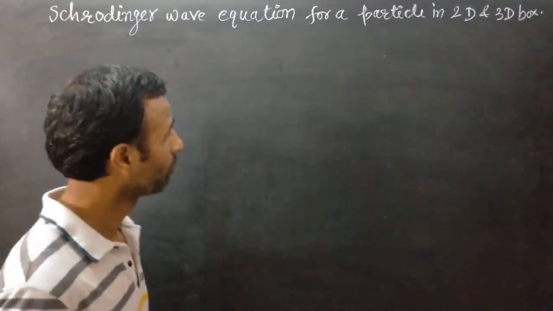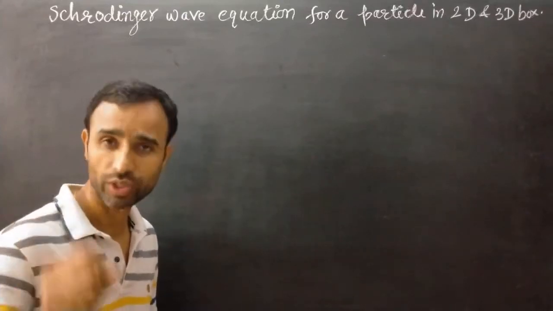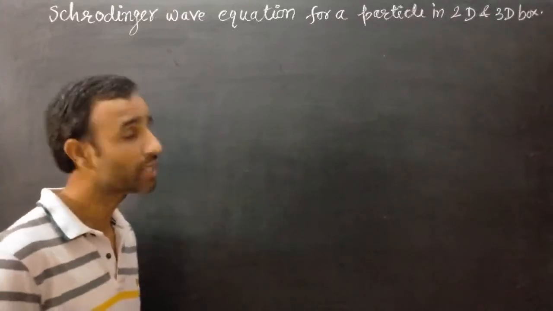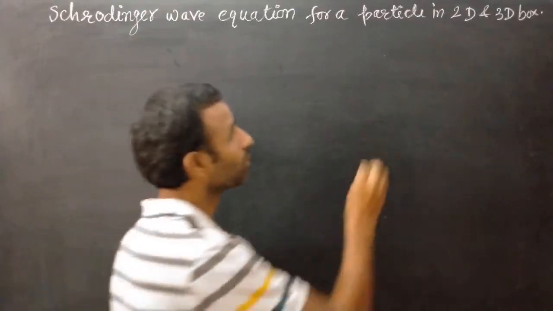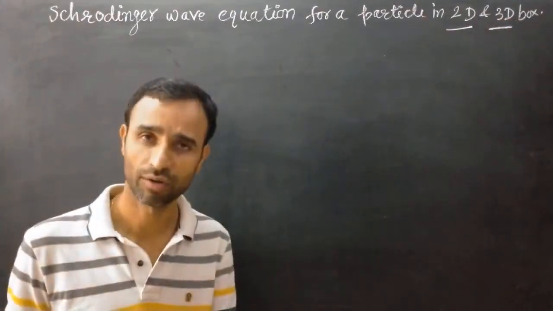So first I will write the time independent Schrodinger wave equation for a particle in 1D box, so that you will get an idea how to proceed for 2D and 3D box. Just a revision of that.